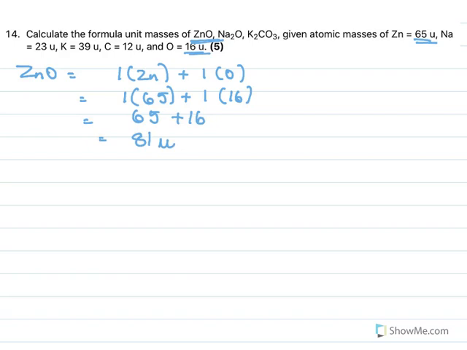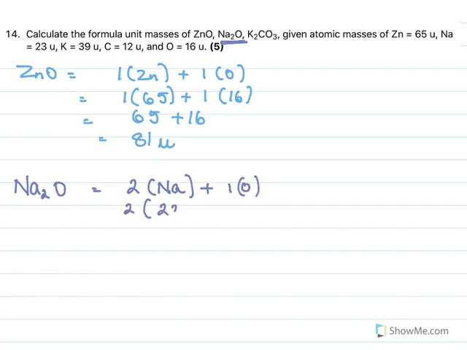This is 81 U. Next is sodium oxide, Na2O. That is made up of 2 sodium plus 1 oxygen. Sodium 23, oxygen 16. So this is 46 plus 16 equal to 62 U.